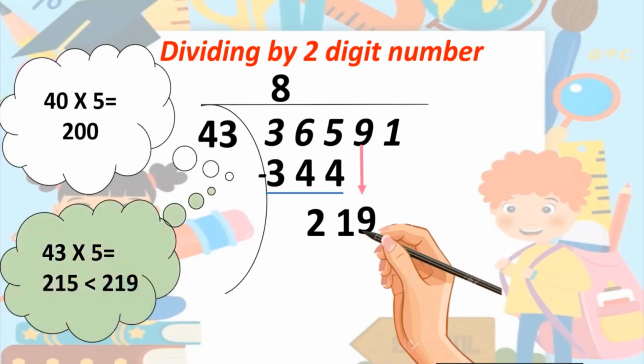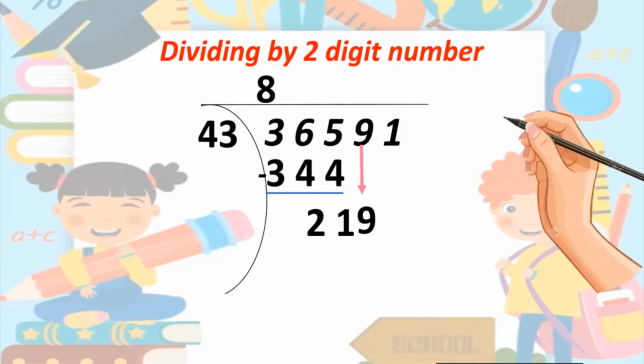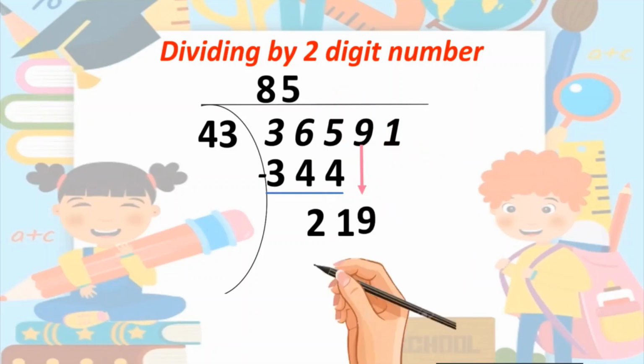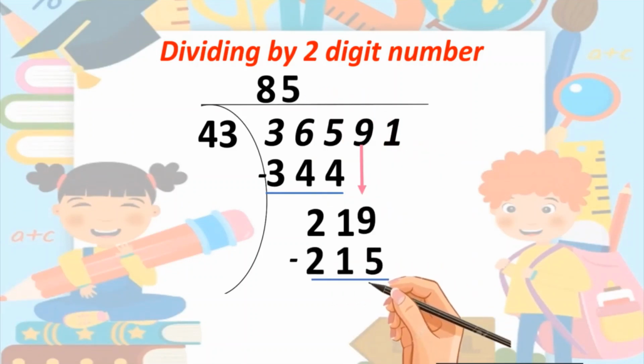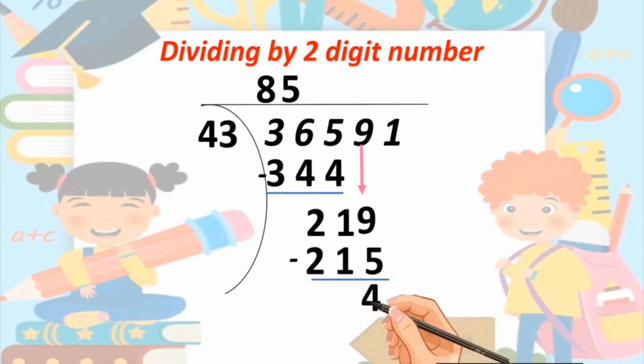And then we try multiplying 5 with 43. So 43 5s are 215, which is less than 219. So we write down 43 5s are 215. We are left with 4 as a remainder.